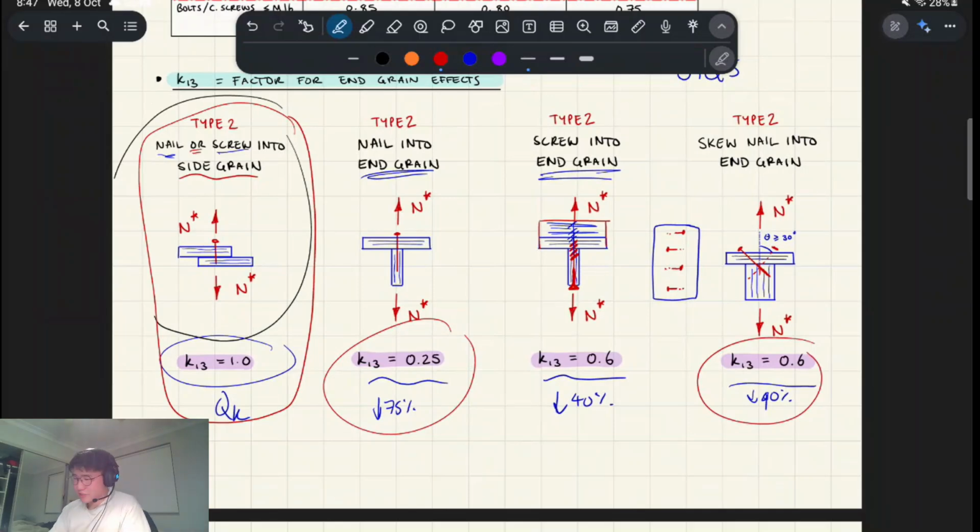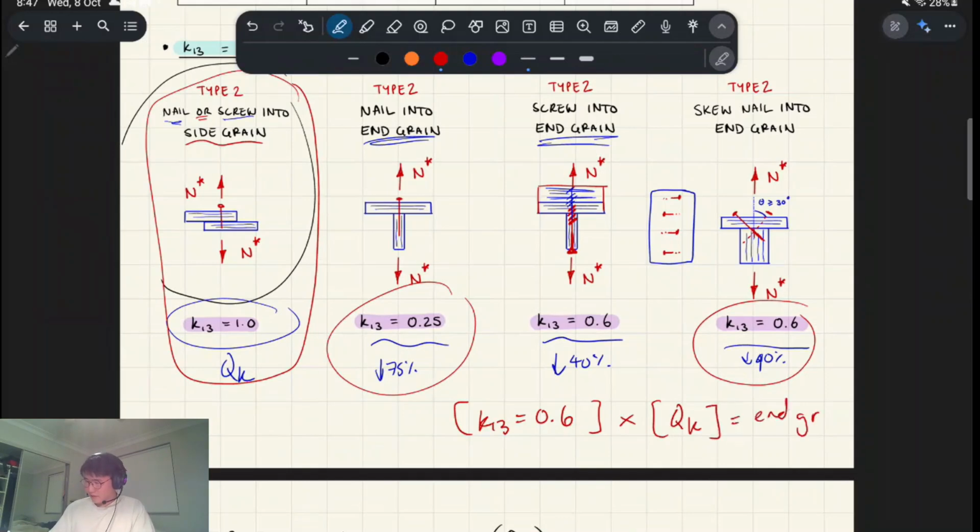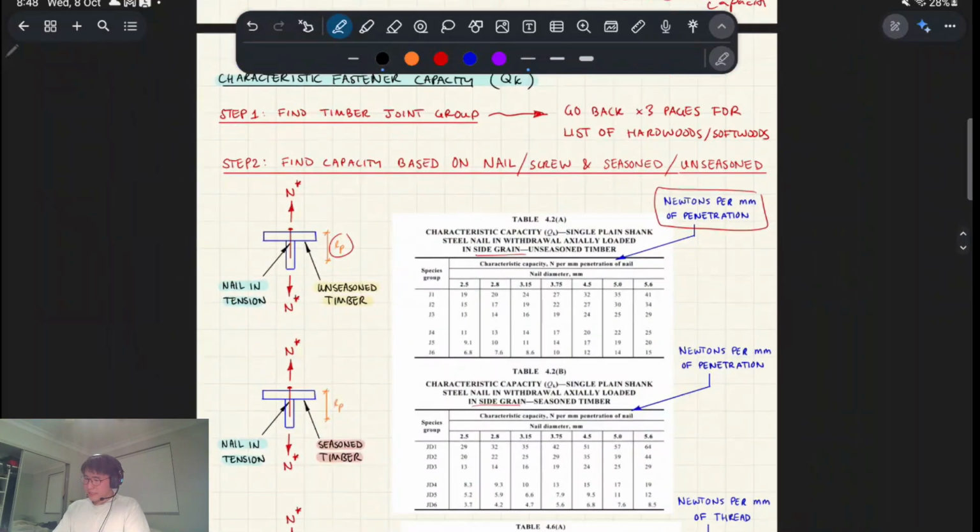To do an end grain connection, all you have to do is K13 is 0.6, and you multiply that by your side grain capacity, and that's how you get the end grain capacity. Right, so that would be quote unquote side grain capacity. Yeah, makes sense. Okay.